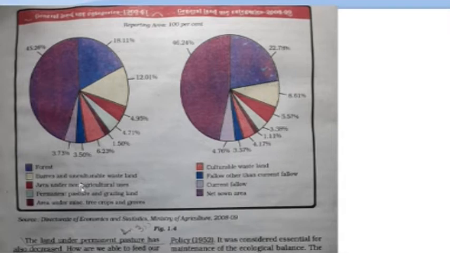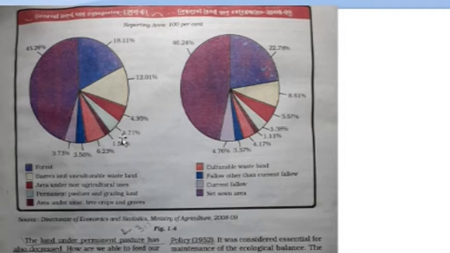And the area under non-agricultural use. So apart from agriculture, there are various uses. These areas are used for various uses, like pastures and various things, and this area has also increased.